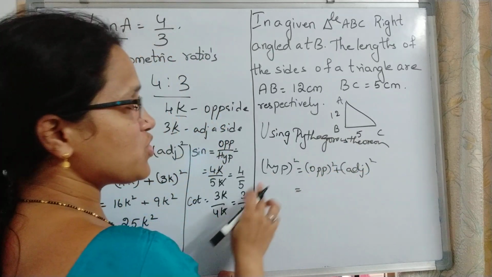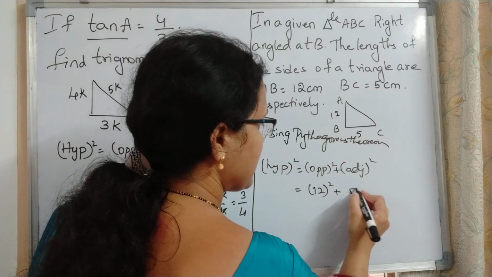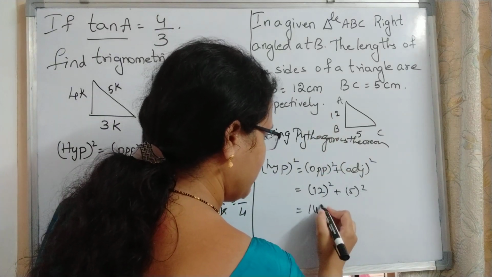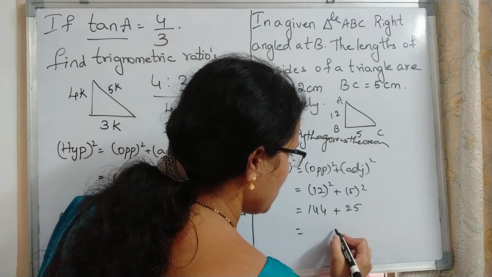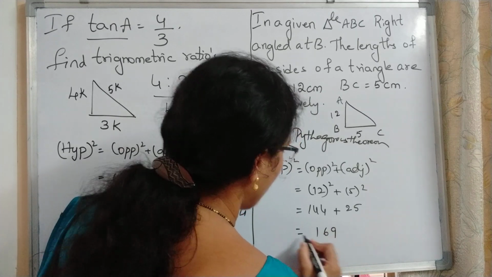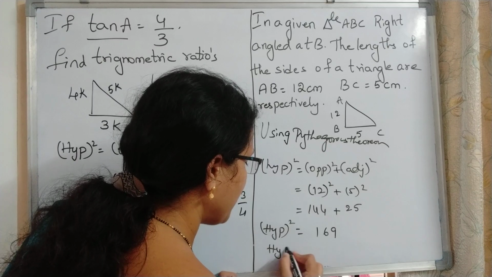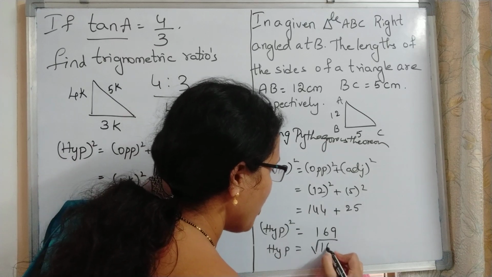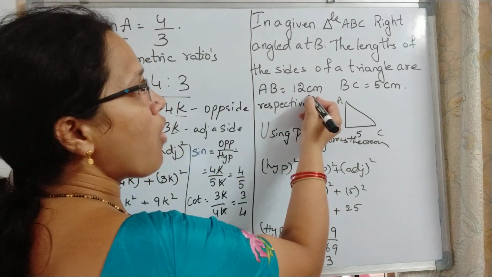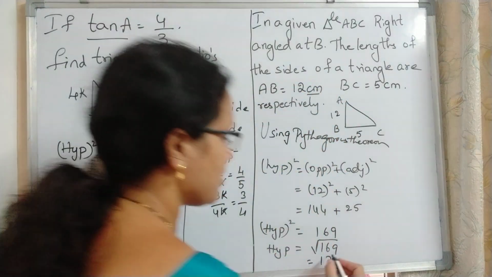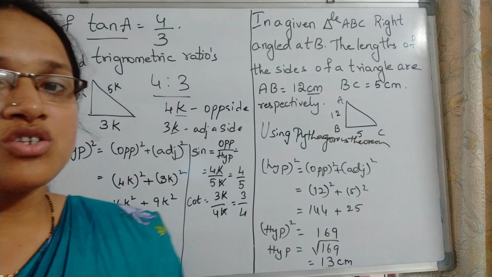Now 12 whole square plus 5 whole square. It becomes 144 plus 25, which gives you 169. So hypotenuse is equals to square root of 169, which in turn is nothing but 13. What units should you write? Centimeters. Why? Because the given numbers are in centimeters. Yes or no? So you should write centimeters.